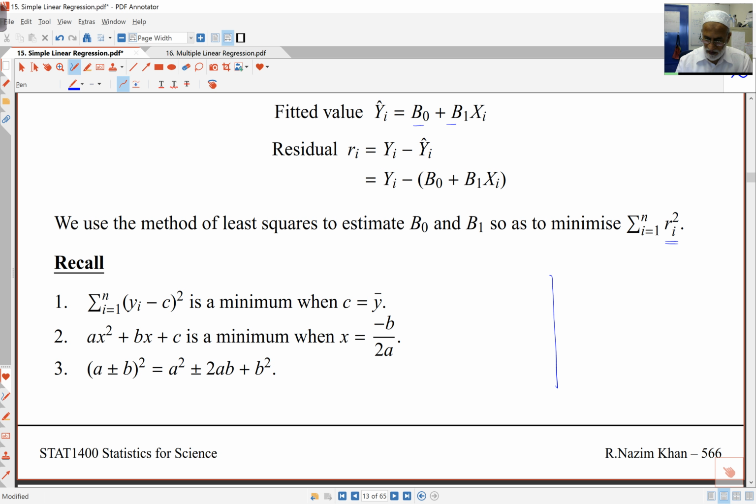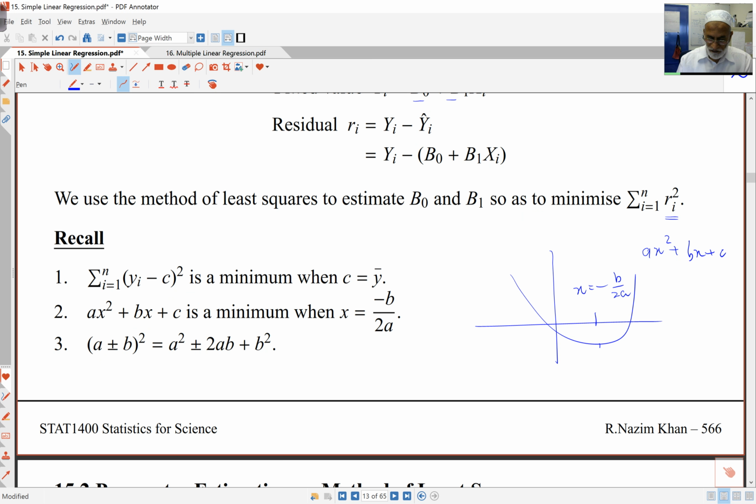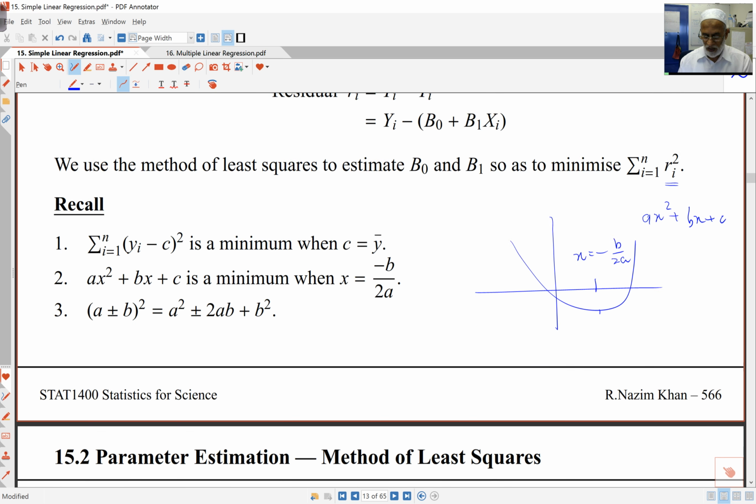So something like this over here, a parabola that looks like this, ax squared plus bx plus c. The minimum value here is when x equals negative b on 2a. This result just comes from the parabolic relationships. And the third is, we know that a minus b squared is a squared minus 2ab plus b squared, with the minus appearing in front of the 2ab.